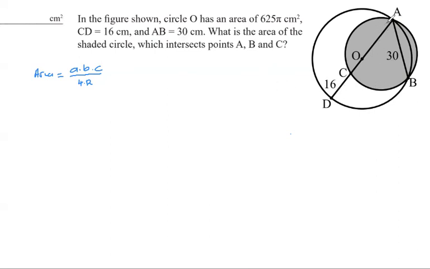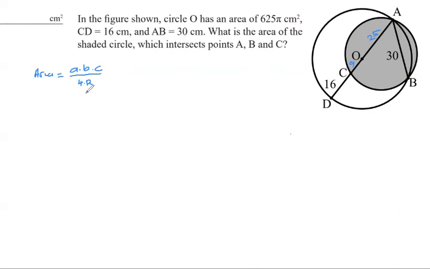So what we have now: the radius of this large circle is just 25 because the area is 625. And then CO will be 9. What I'd like to find is the radius of the smaller circle.